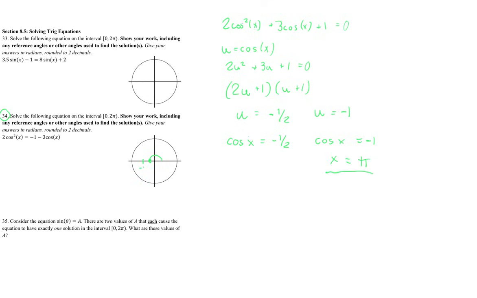This is negative 1/2. We know that our two answers are going to be here and here. This angle right here is whatever gets us cosine of negative 1/2, so that's 2 pi over 3. And this angle over here is going to be the second angle that gets us that, so 4 pi over 3. So those are our 3 answers there.